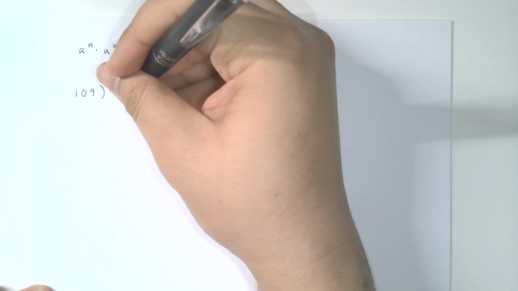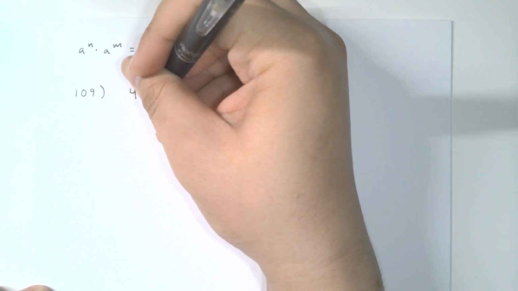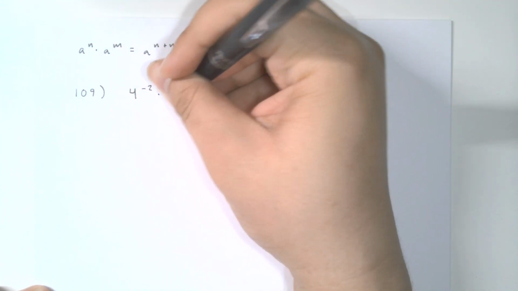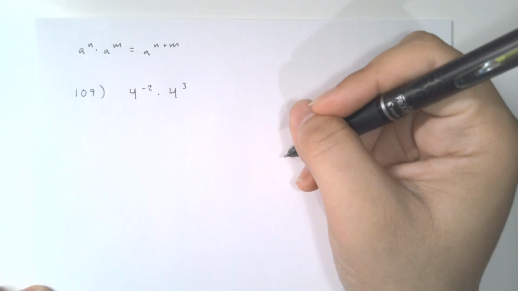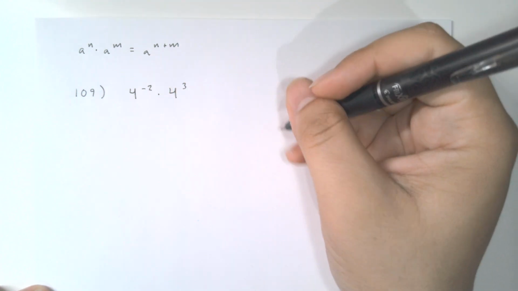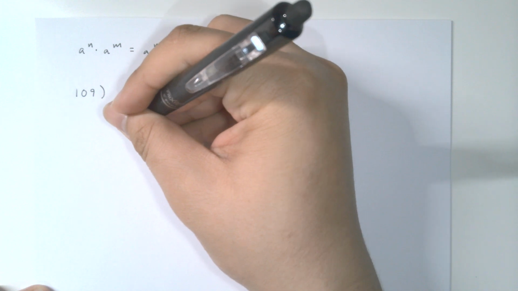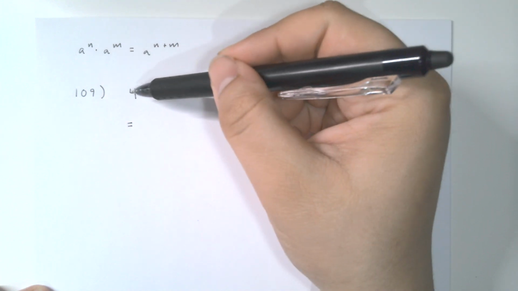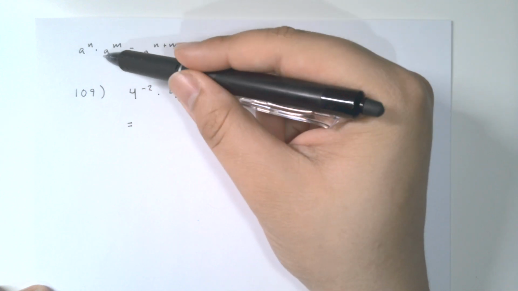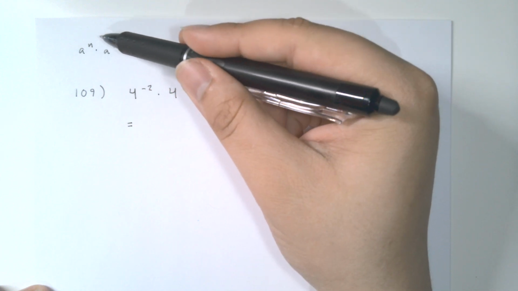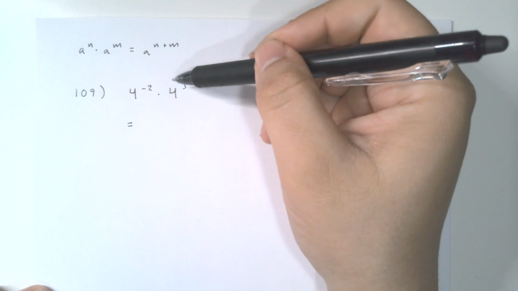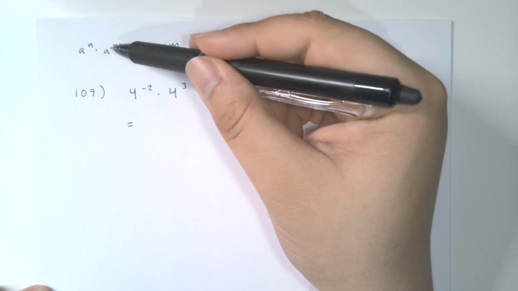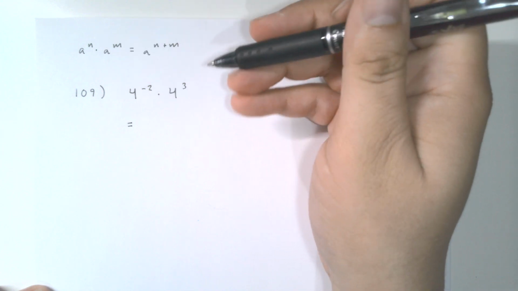However, jumping right in to number 109, we have 4 to the negative second times 4 to the third. And using this property, we want to evaluate this. Well, as long as these bases match, so we have a 4 and a 4, we take the exponents, negative 2 and 3, and we just add them together.